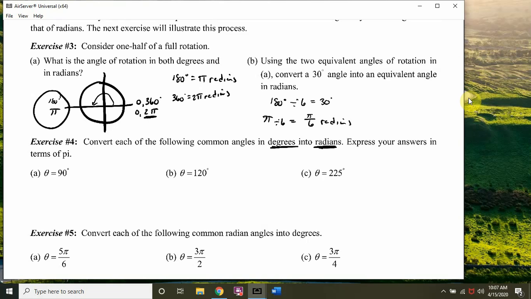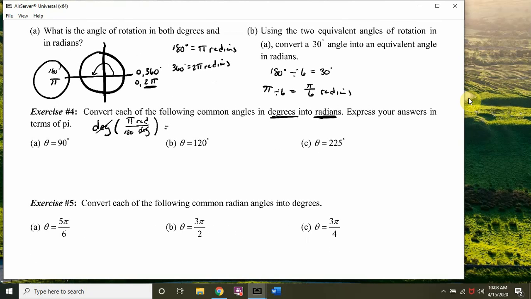To convert from degrees to radians, you take your degree measure, and because pi radians and 180 degrees are equal, it's going to look a little weird, but I'm going to multiply my degree measure by pi radians over 180 degrees. And what's going to happen is my degree units are going to cancel out, and I'm going to be left with something in terms of radians. Okay, so let's see how this works.